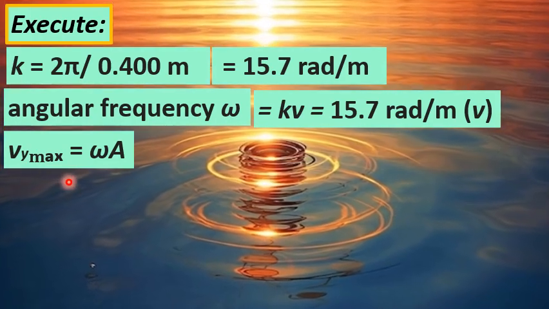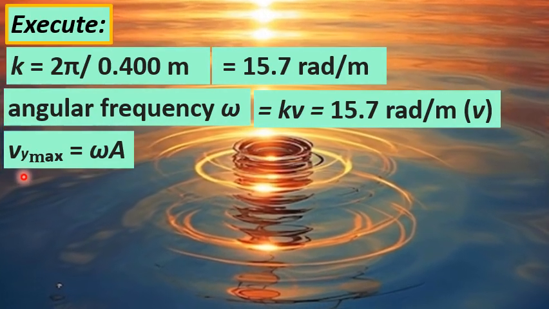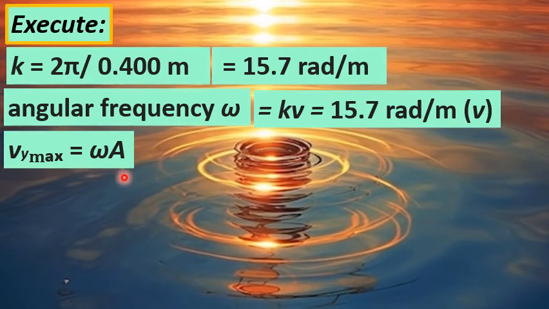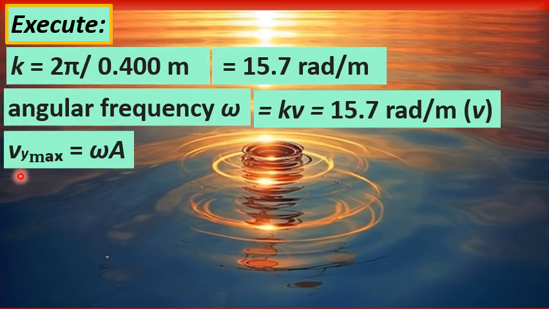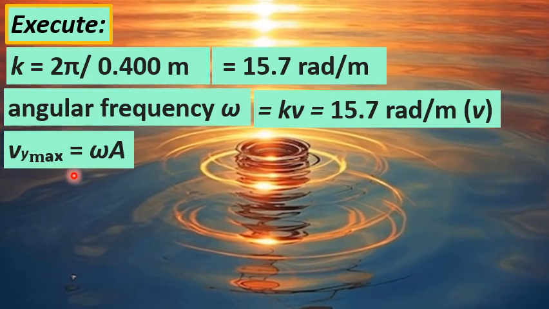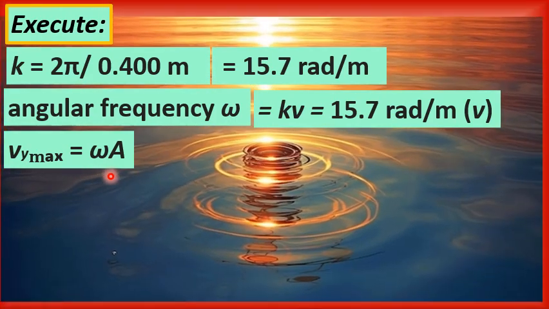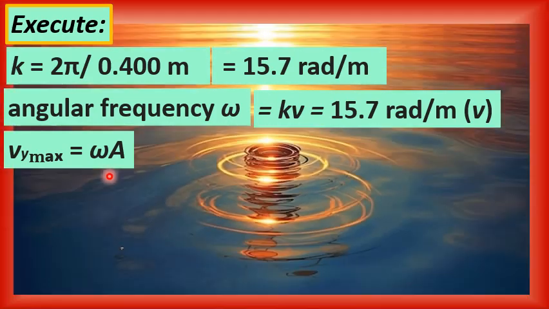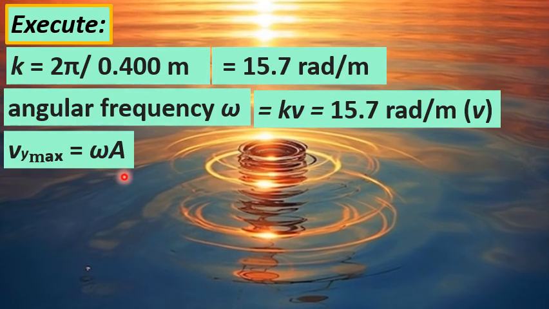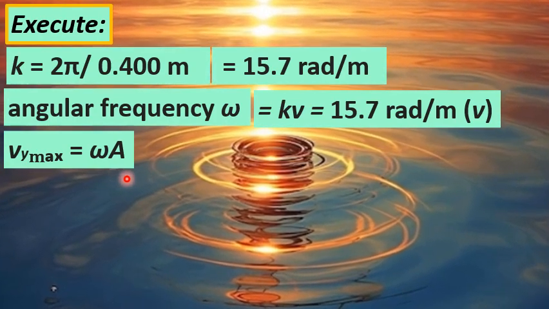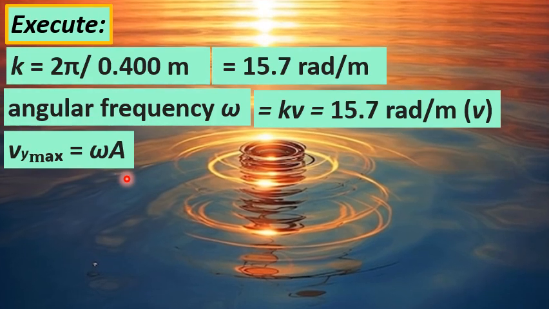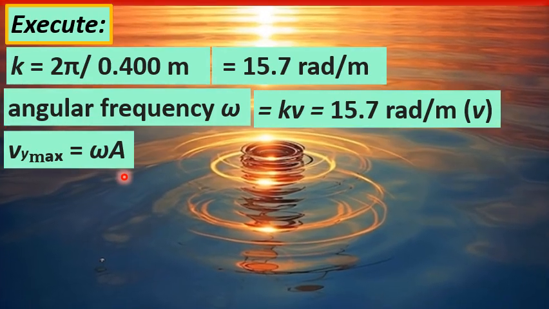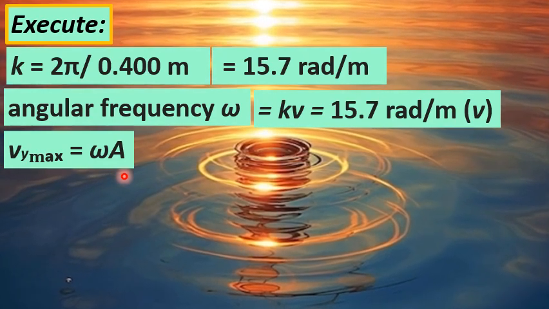And the formula for v sub y max in terms of omega and A is this: v sub y max is simply equal to the product of the angular frequency omega and the wave's amplitude. Because earlier we noted that if a particle is located in the equilibrium position, then its vertical displacement is zero.